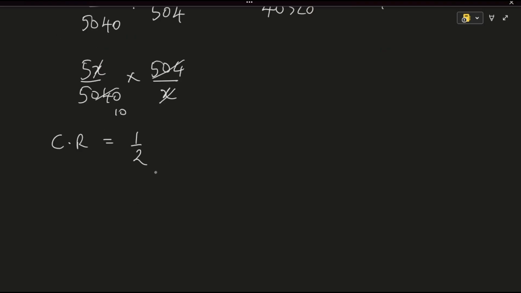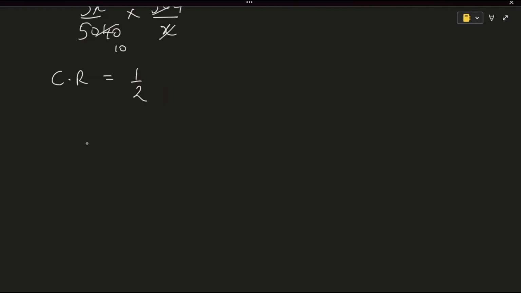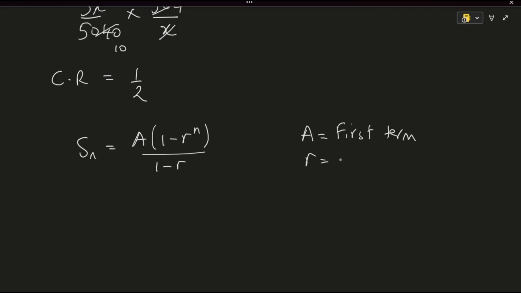For the third part of the question, we are asked to determine our sum to the 13th term. Now, for geometric expressions, sum to the nth term is given as, where a is our first term, r is our common ratio, and n is the number of terms.